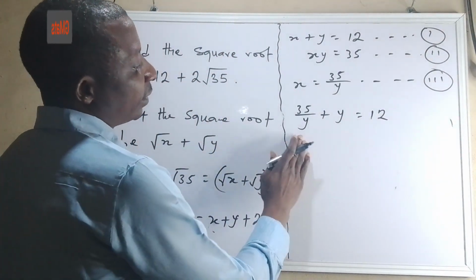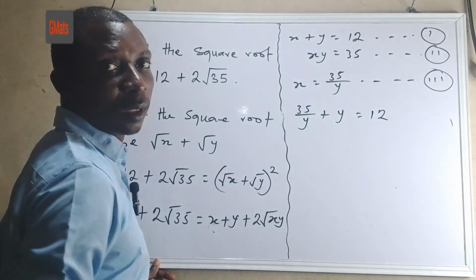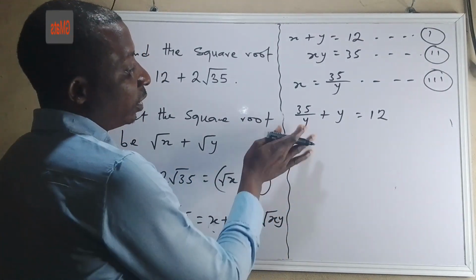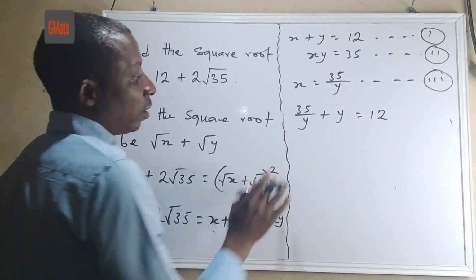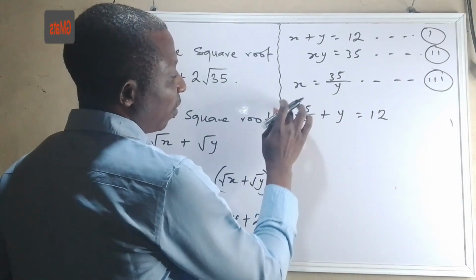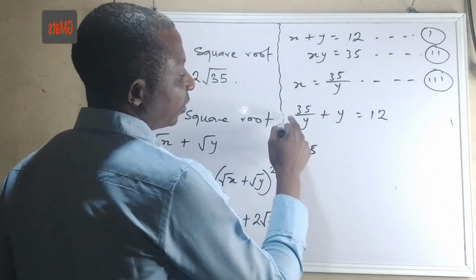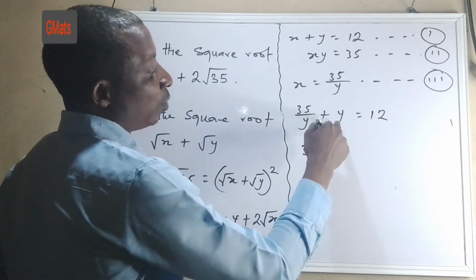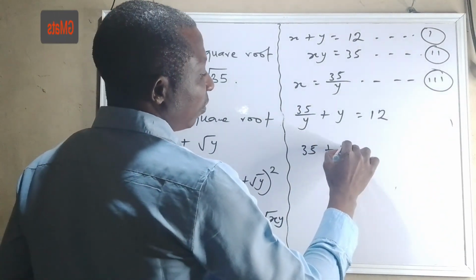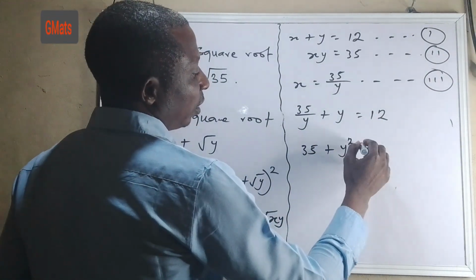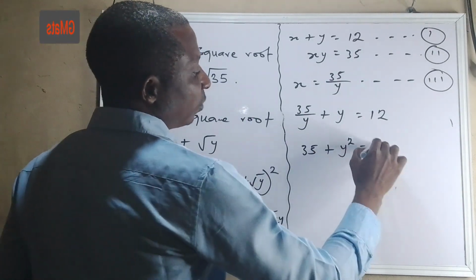Now multiply through by the LCM of the denominator, which is y. 35, because y will cancel y, then y squared equals 12y.